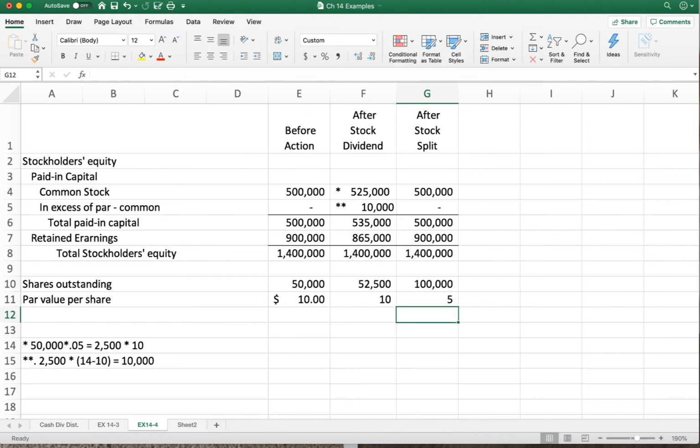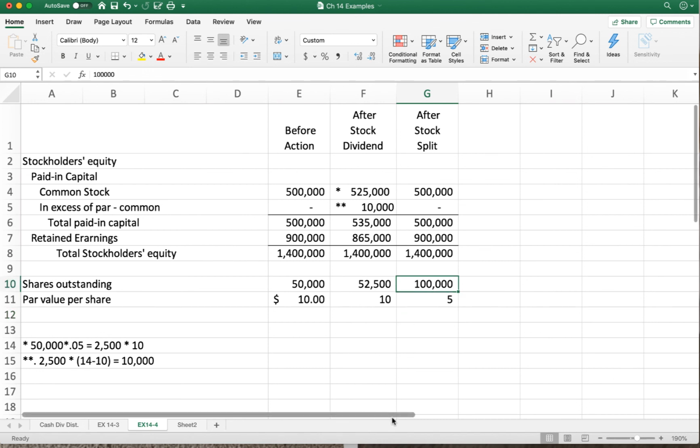Okay? So for this one, we indicated the balances after the stock dividend, and we also determined the account balances after the stock split. After the stock split, none of the accounts changed other than shares outstanding and the par value, okay? So is there a difference here from the company standpoint?